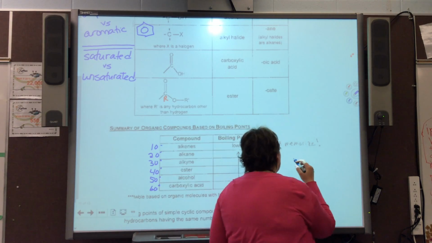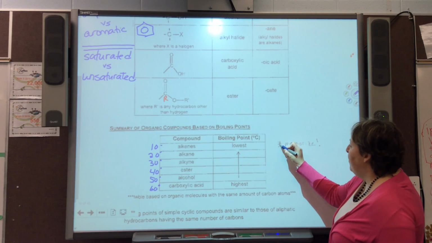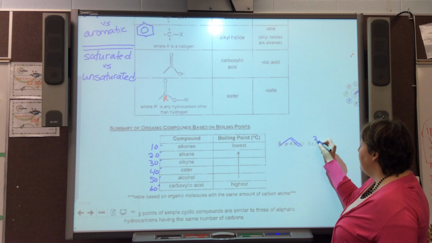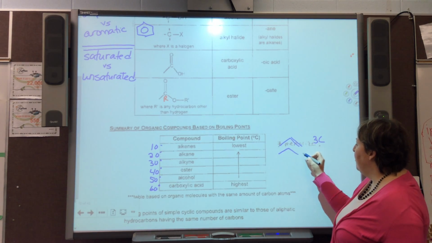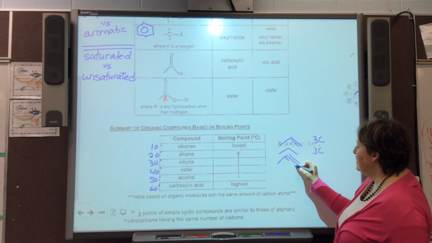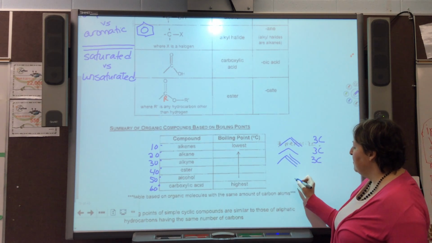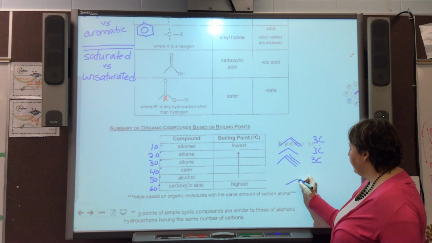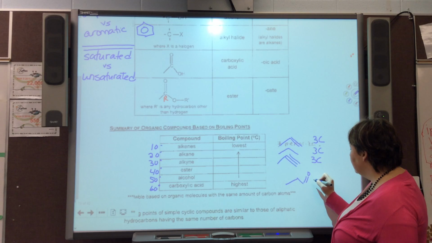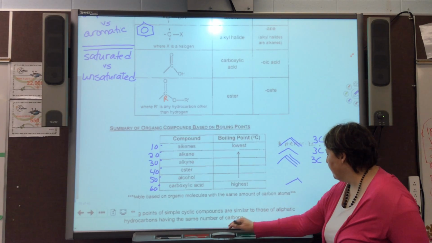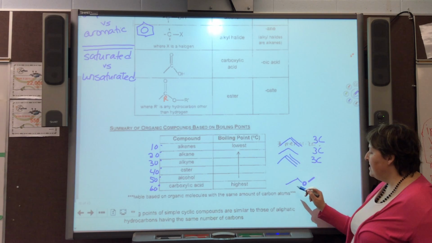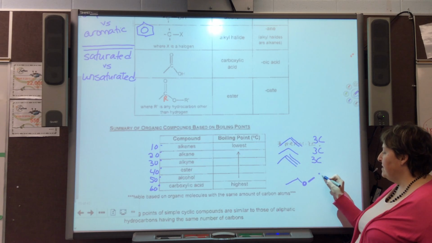So if we had, let's go with propene, it's still 3 carbons. Alkane, which is propane, is still 3 carbons. Alkyne is still 3 carbons. An ester would be, okay, still 1, 2, 3 carbons.